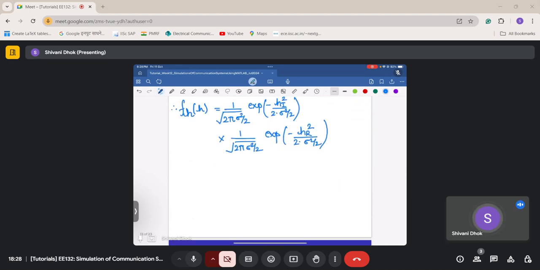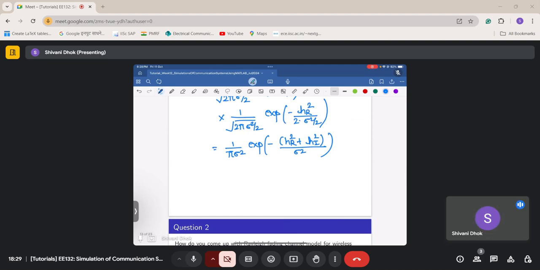So if we simplify this, if I combine these two things, that will be equal to 1 upon pi sigma square times e power minus (hr square plus hi square) upon sigma square. Now what is this quantity in the exponent?